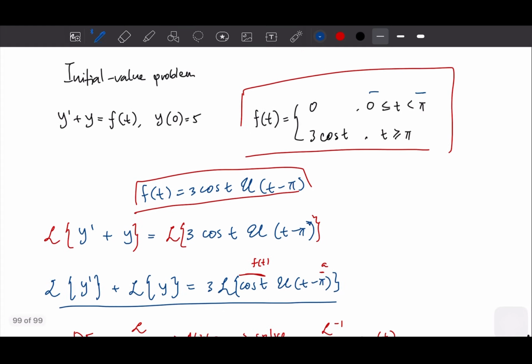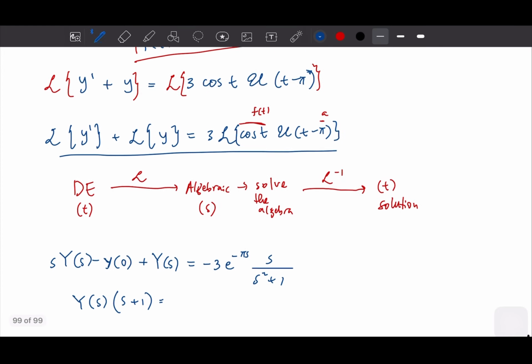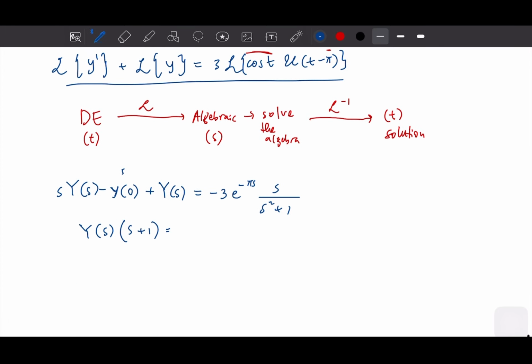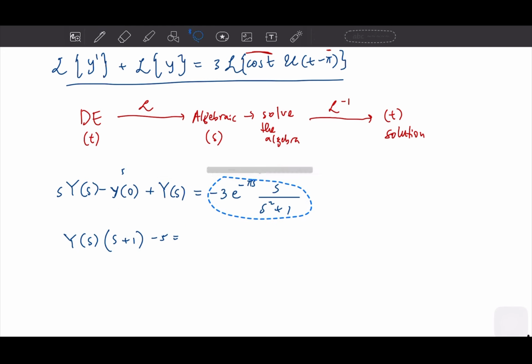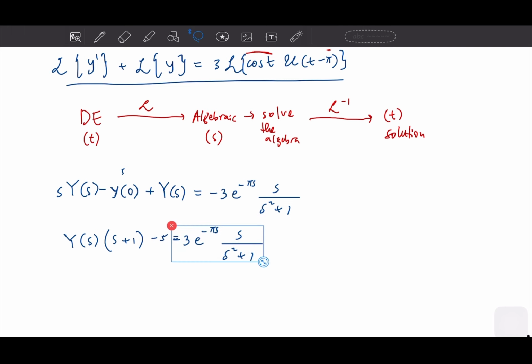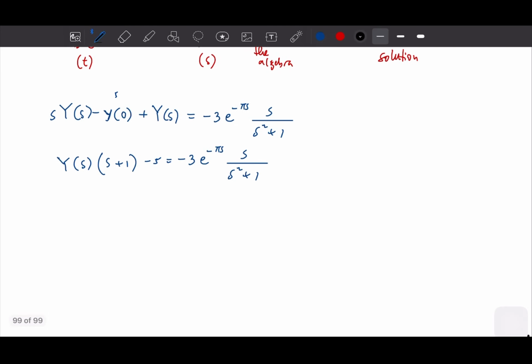And then y of 0 is 5, so this will be minus 5 equal to all of that. Then we could take it down a little bit and paste it here, and solve as usual using partial fractions.